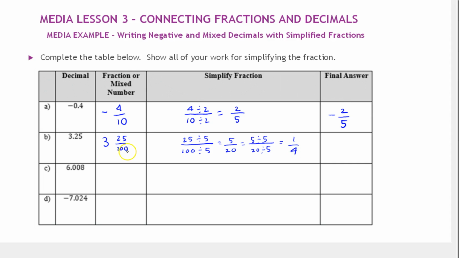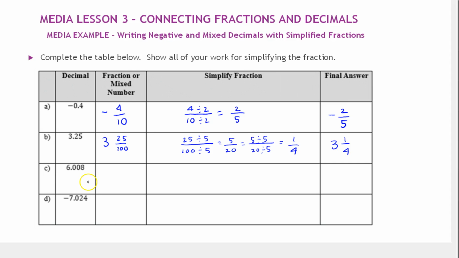So 25/100 is 1/4. That's why we call 25 cents a quarter. So now to write our final answer, we need to keep the whole number part, and the mixed number equivalent with a fraction for 3.25 is 3 1/4.